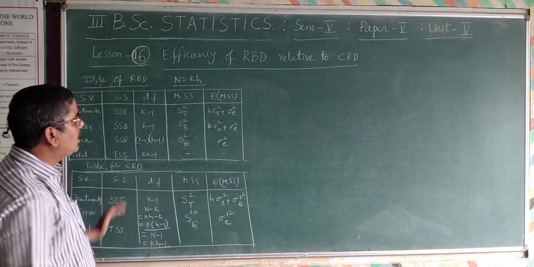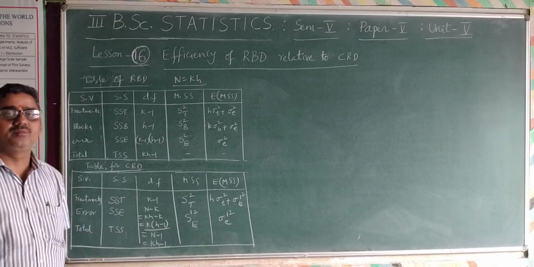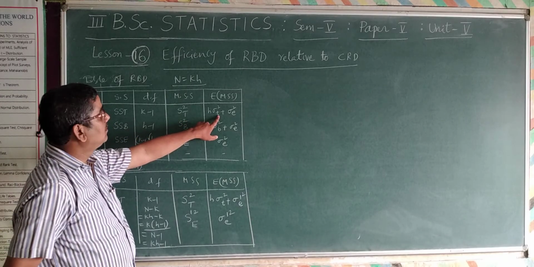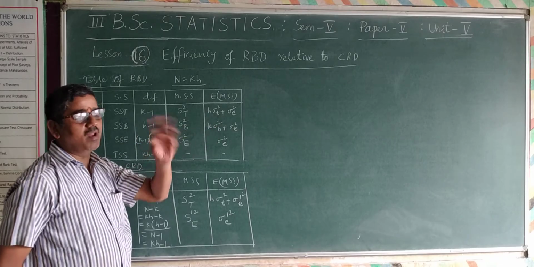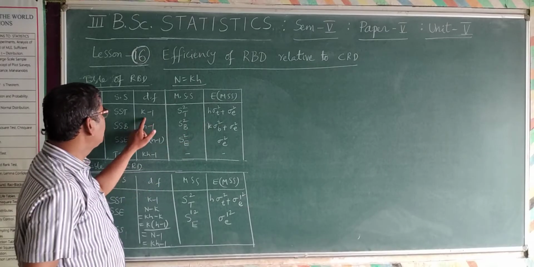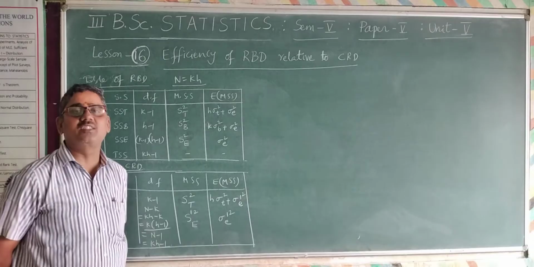This is the table I have formulated for RBD and CRD. You concentrate on the expectation of mean sum of squares because it plays a crucial role in calculating the efficiency: the degrees of freedom and the expectation of mean sum of squares. Those are the two particular things we considered.